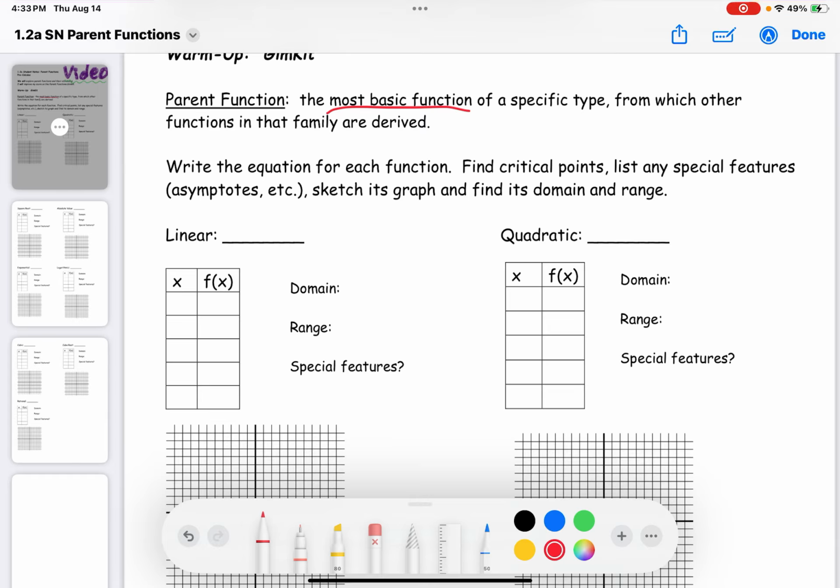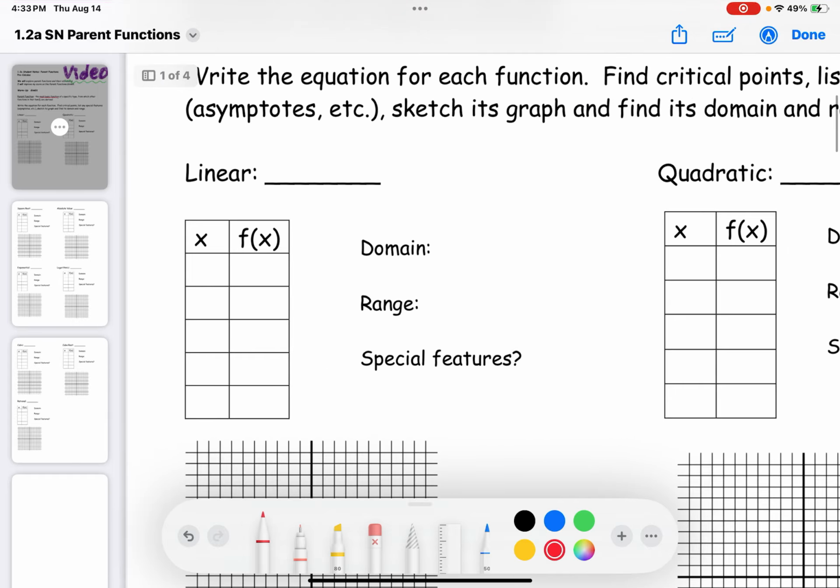For the linear function, its parent function is simply f of x equals x. Y equals x, so whatever the x is, the y is the same value. If x is -5, f of x is also -5. Then -3, -3; 0, 0; 4, 4; and 7, 7.